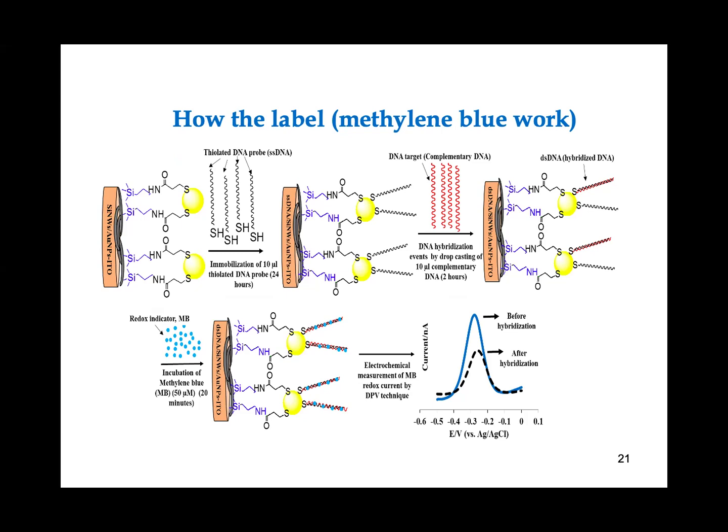Which is very important, because if we don't do that, then the signal, the current generated might be a bit too low. But with the enhancement of the electrode surface area or conductivity, then we can get a better signal.